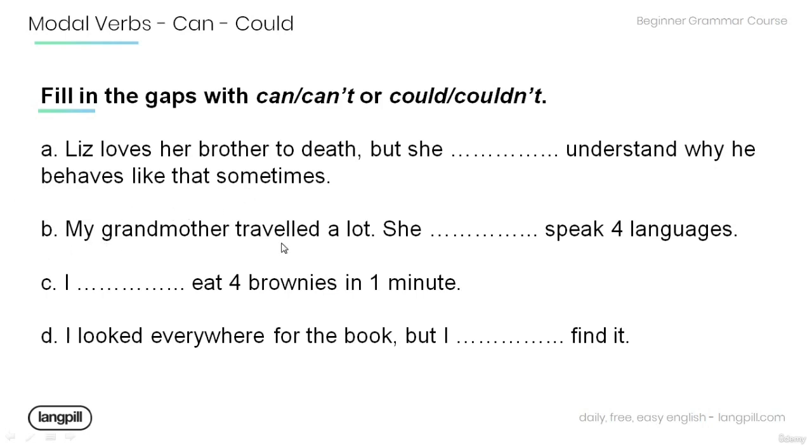B. My grandmother traveled a lot. She blank speak 4 languages. C. I blank eat 4 brownies in 1 minute. D. I looked everywhere for the book, but I blank find it.